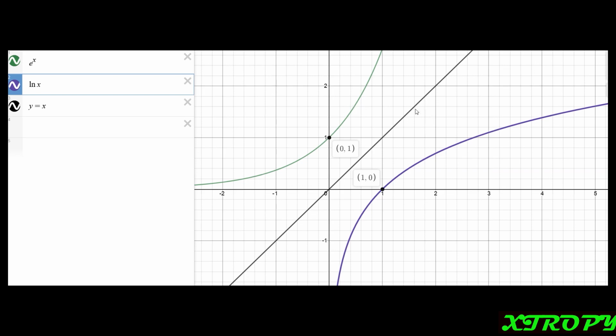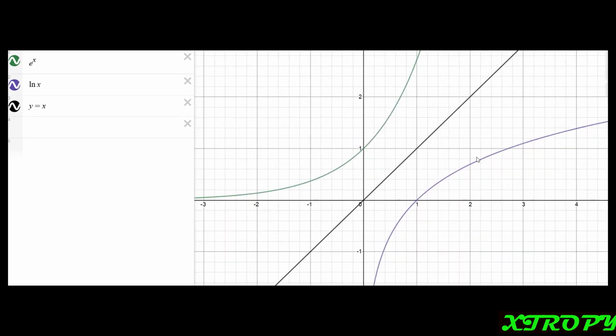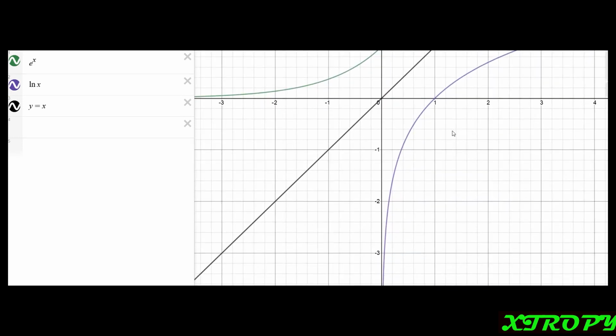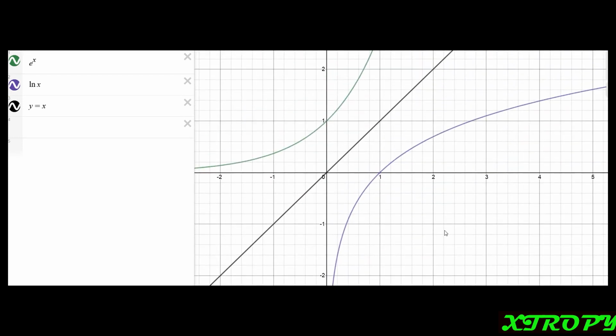Like that, for every point, if you take a mirror image, you will find that the ordinate and the abscissa are interchanged. This is actually the fundamental case in every inverse function, that they are mirror images of one another with respect to the line y equals x. I think I am being clearer to you with this detailed explanation.